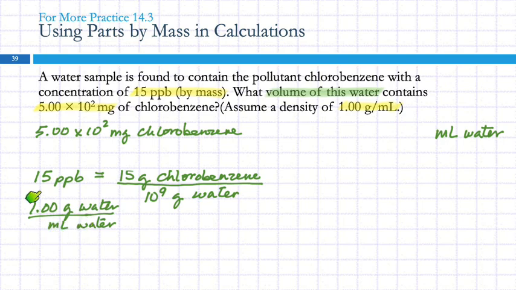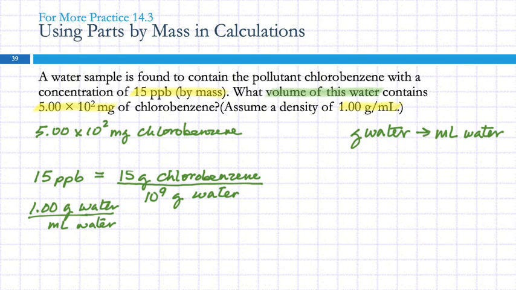So one of these is either the beginning or the ending unit. Here's milliliters of water. This one actually has milliliters of water in it, right? And so this would allow us to convert from grams of water to milliliters of water. So that could be the last step.